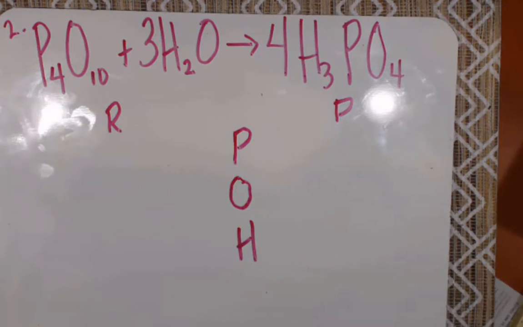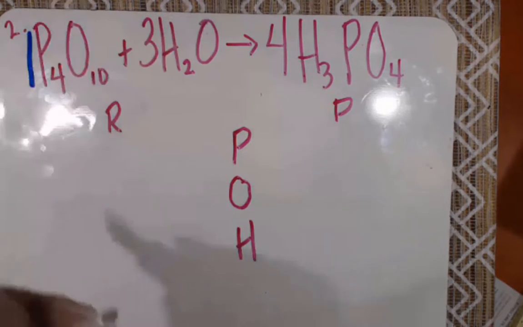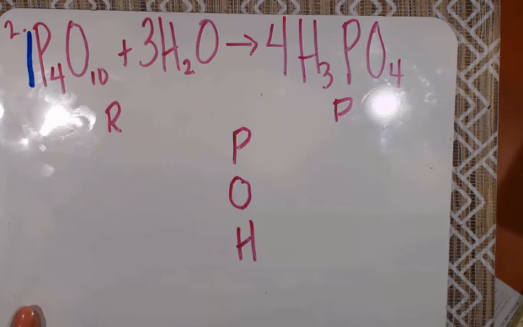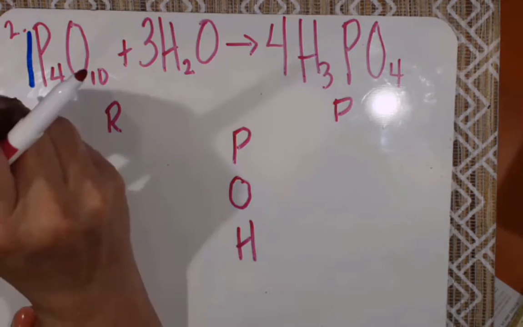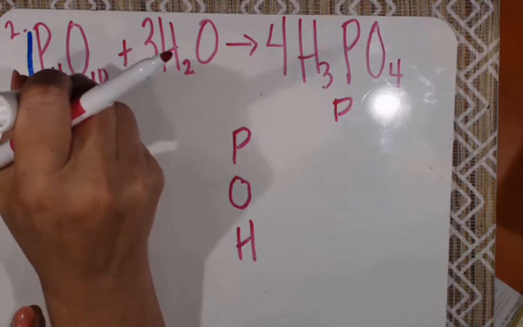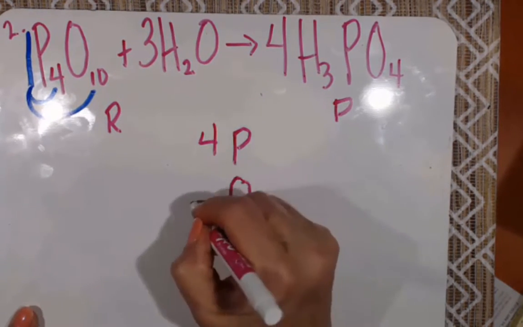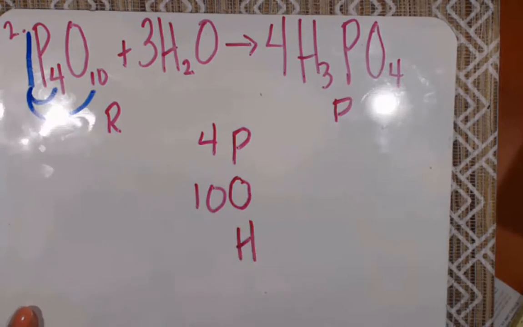Okay, on our P4O10, there's an understood 1 in front because there's no coefficient there. So I'm going to take my 1 and multiply it by 4 and distribute it also to the 10. So that means I've got 4 phosphorus, 10 oxygen.